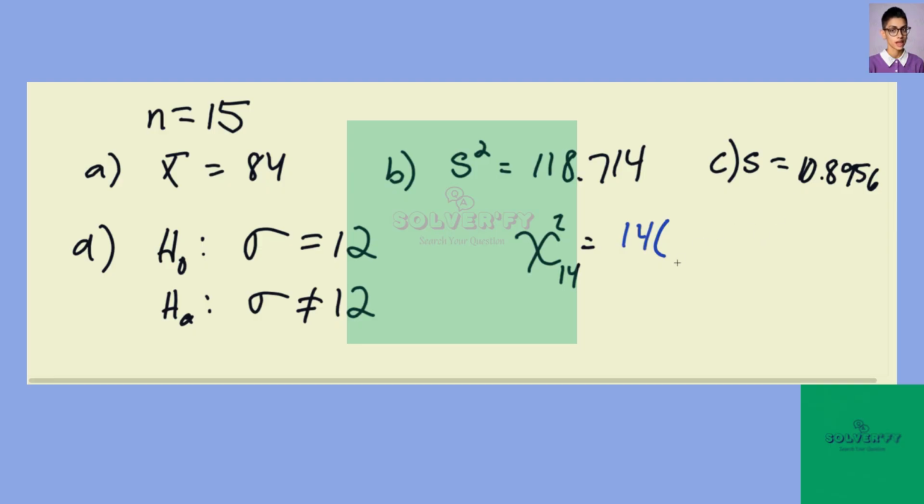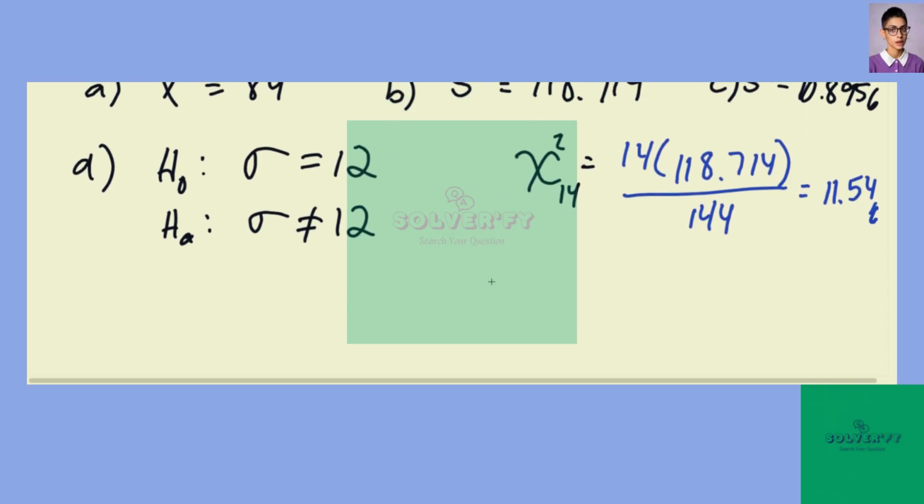So we have 14 times the variance of the sample divided by the assumed variance, which would be 144. And this value comes out to be 11.5416.